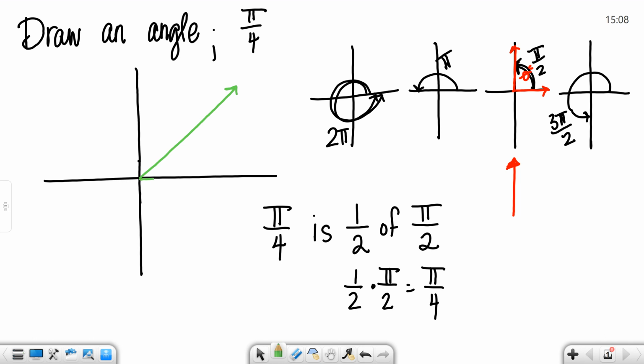My initial side is the positive x-axis. My terminal side is halfway between 0 and pi over 2. So theta would be right here, which is pi over 4. So halfway between 0 and pi over 2. That's a little confusing, I understand. It'll take some practice. Let's try another one.